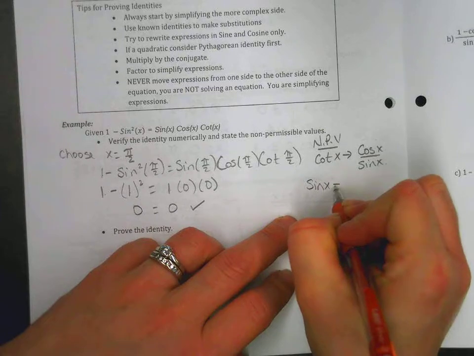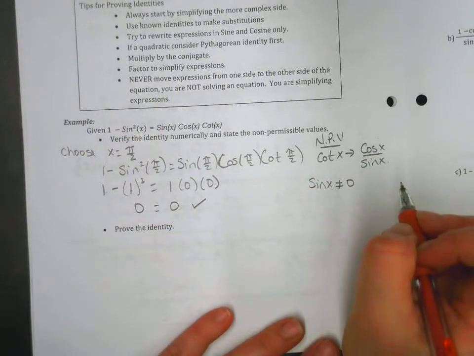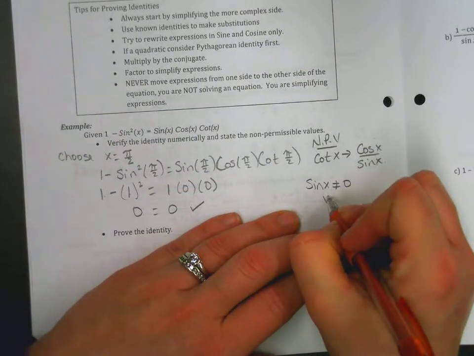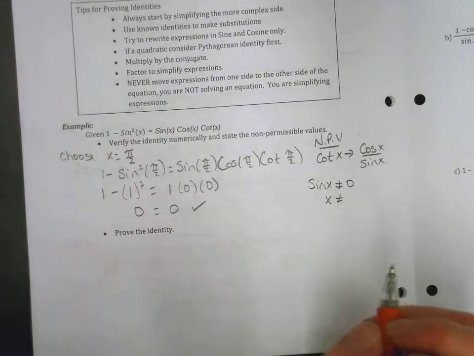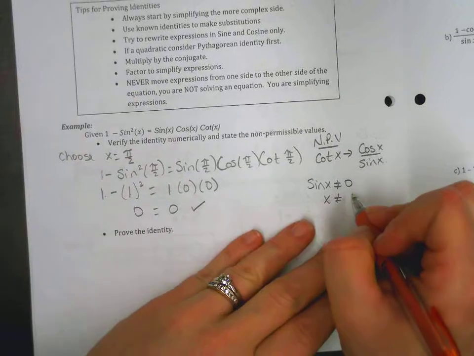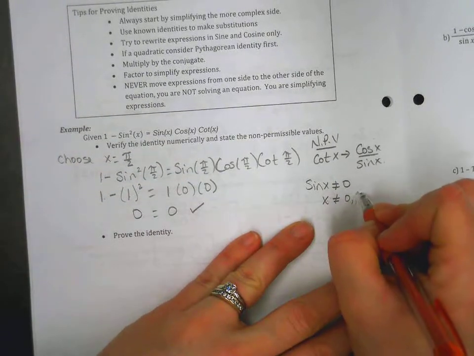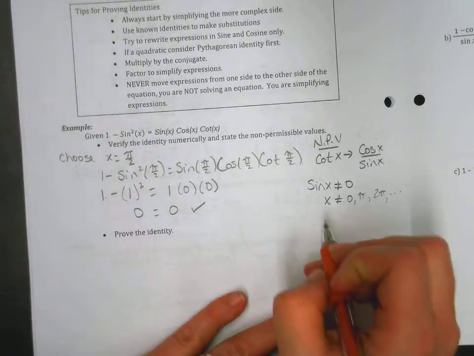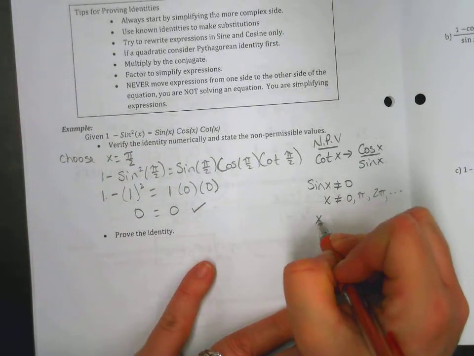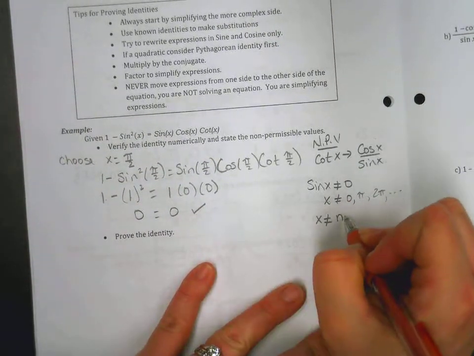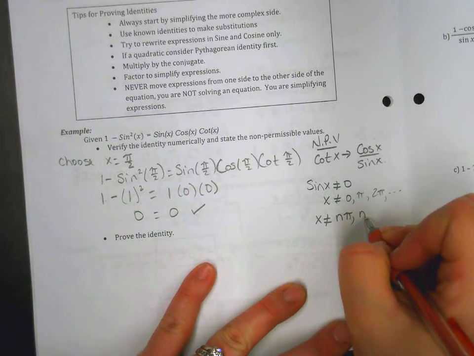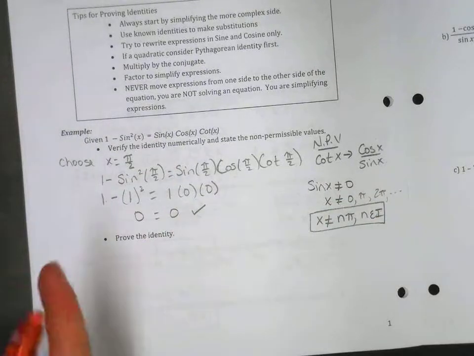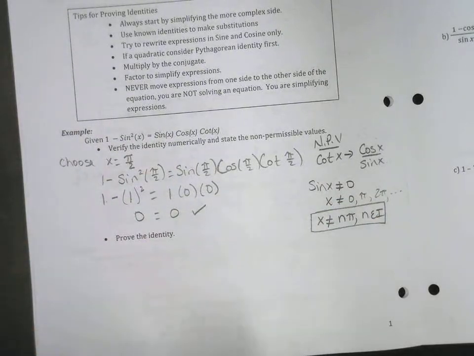So sine of x cannot equal 0. When does that occur on my unit circle? Well, sine of x equals 0 at 0, pi, 2 pi, and so on. So my non-permissible values would be x cannot equal n pi, where n belongs to the integers.